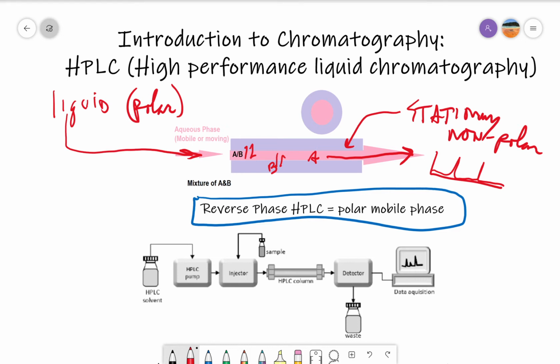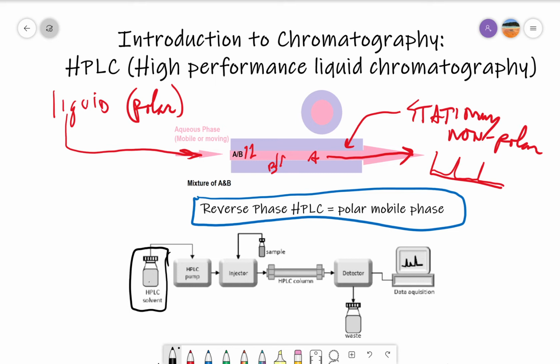In a general block diagram, in order to do the HPLC experiment, you need some reservoir of the mobile phase that you're going to be using, or the HPLC solvent. In this particular case, a polar mobile phase.